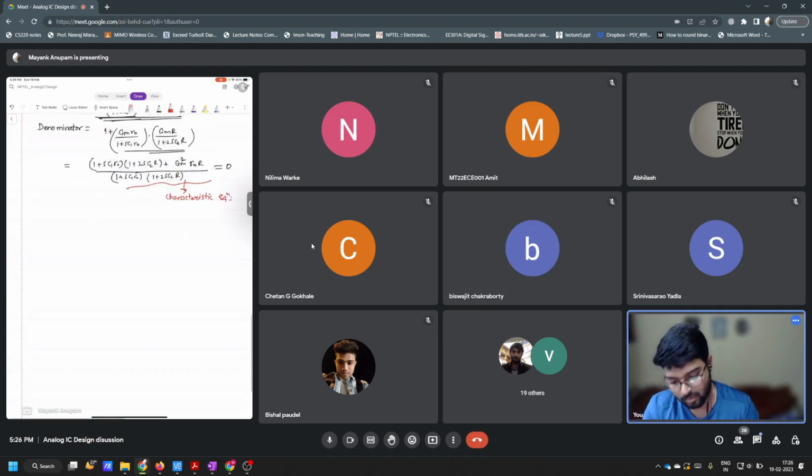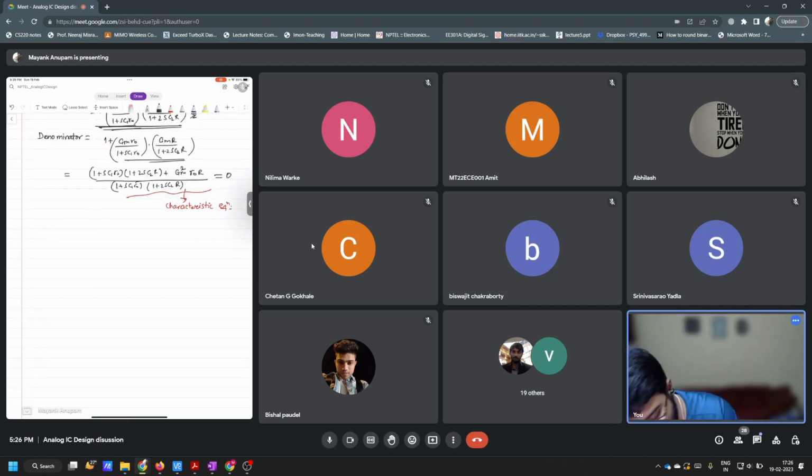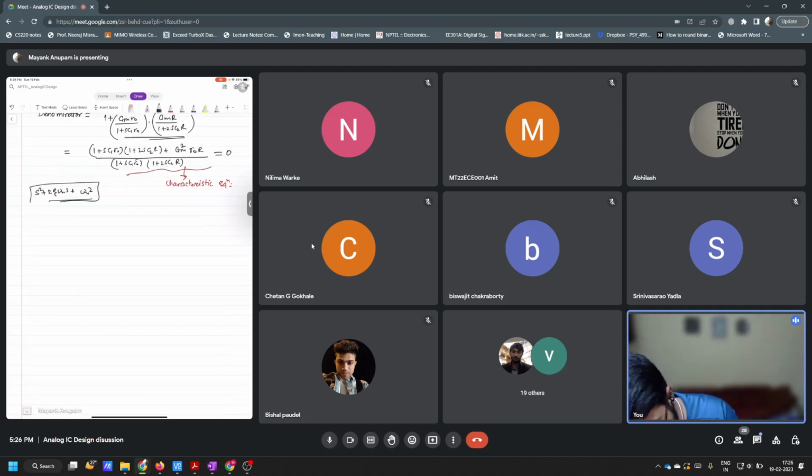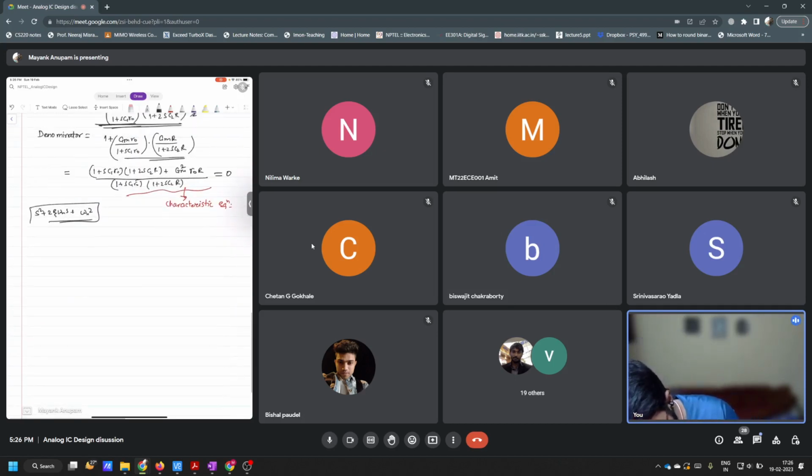Now let's write it in terms of s square plus 2 zeta omega n s plus omega n square. What is the coefficient of s square in the numerator here?